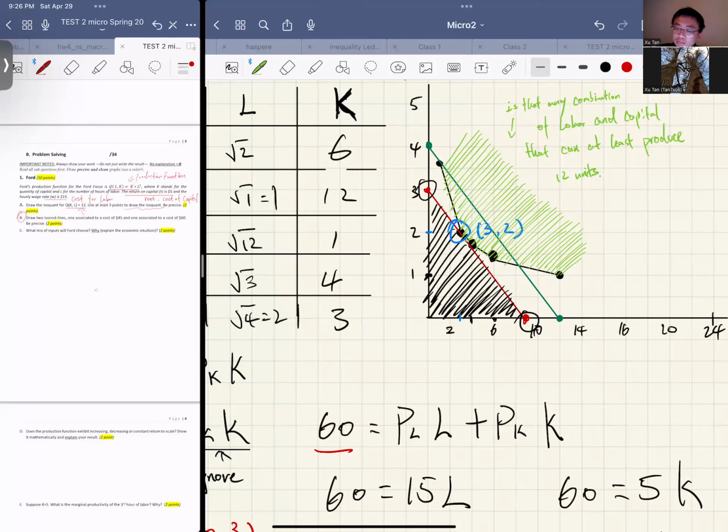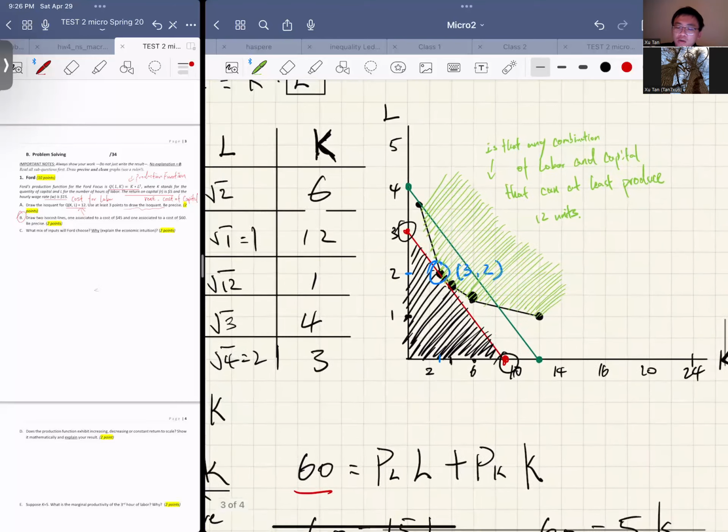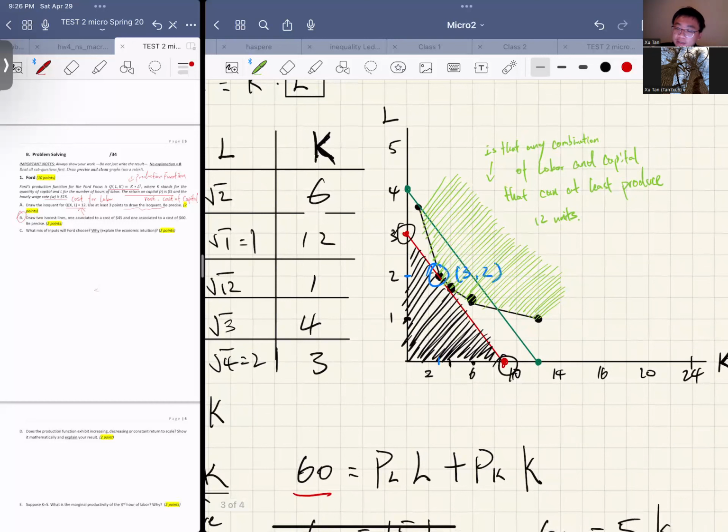Okay. And we know that this black line is any combination of labor and capital we can afford.